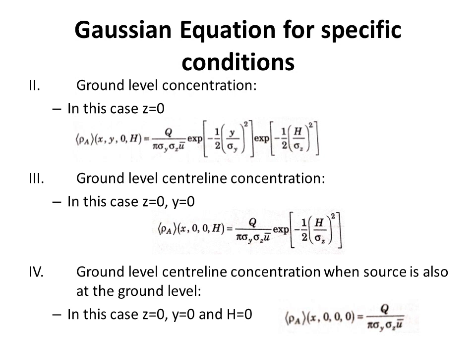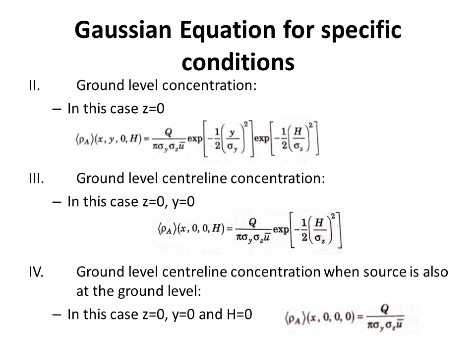Now let's see the Gaussian plume dispersion model or the Gaussian equation for certain specific conditions. We'll assume that there is a stack with height h which is emitting the pollutant into the atmosphere. Now, for ground level concentration, the value of z will be equal to 0.